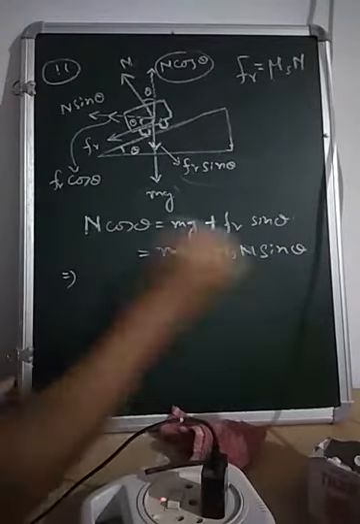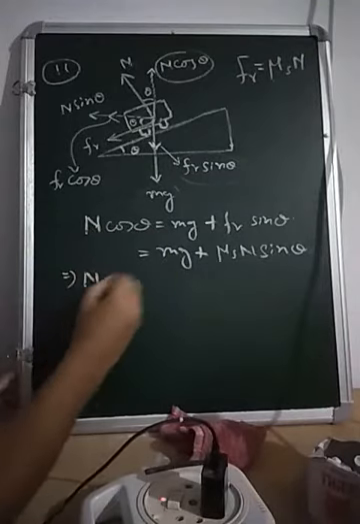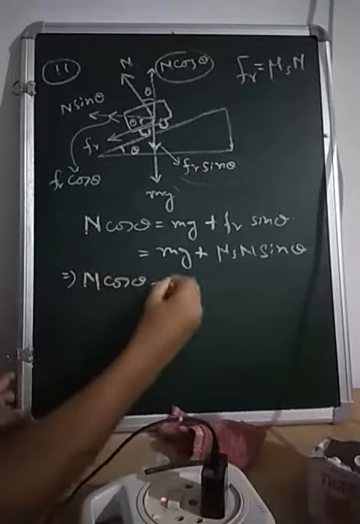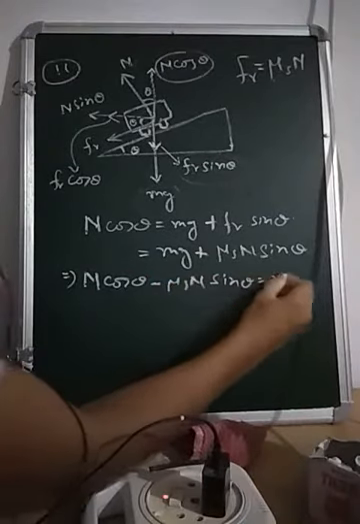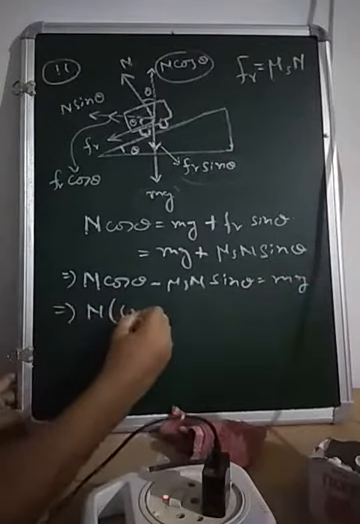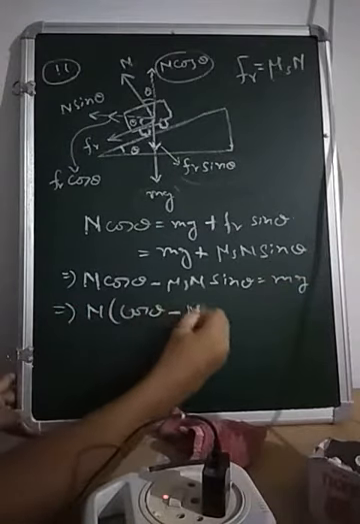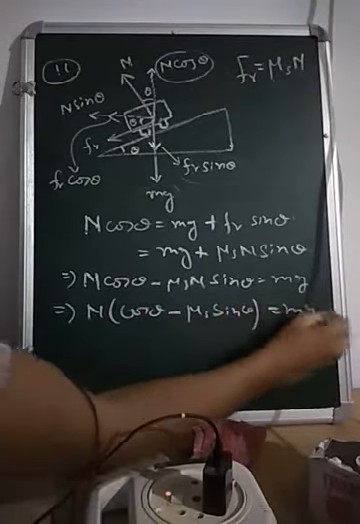Or if you take this term to the left-hand side, N cos theta minus mu s times N sin theta is equal to mg.